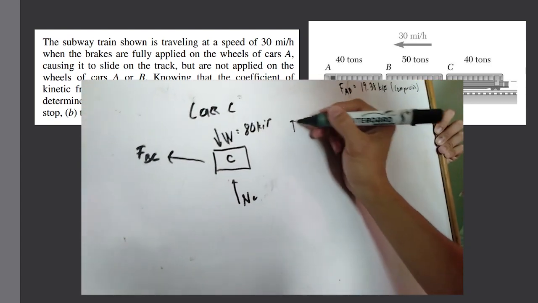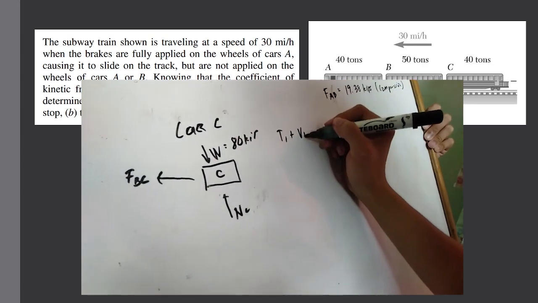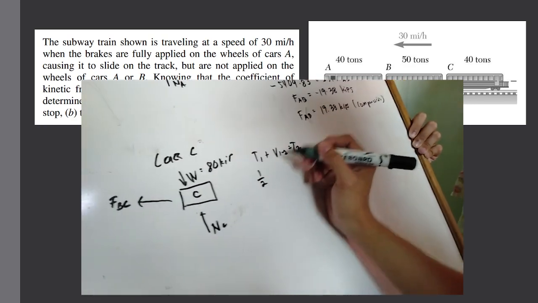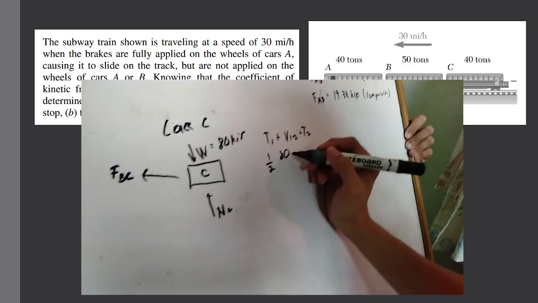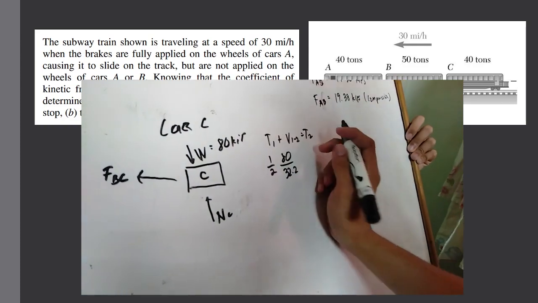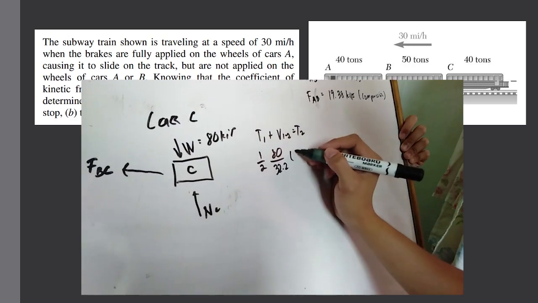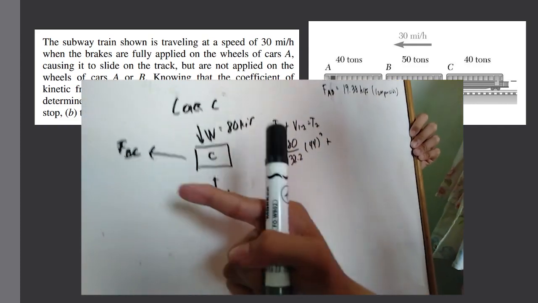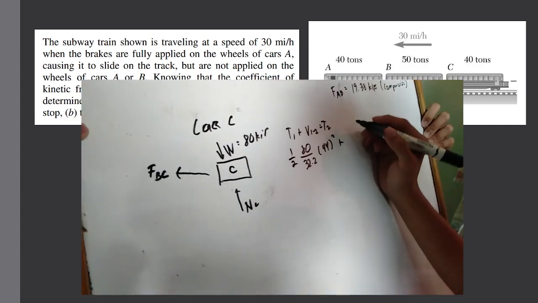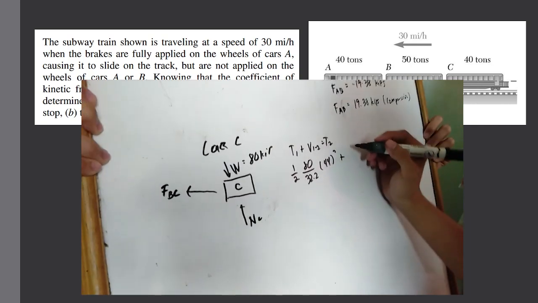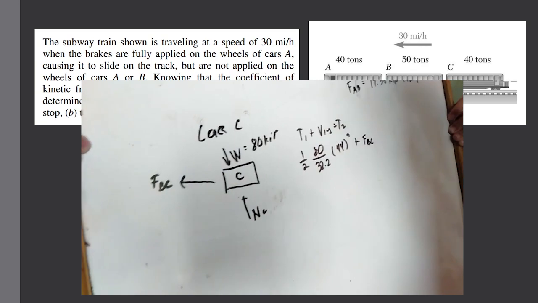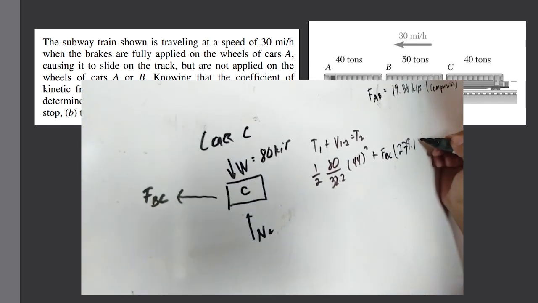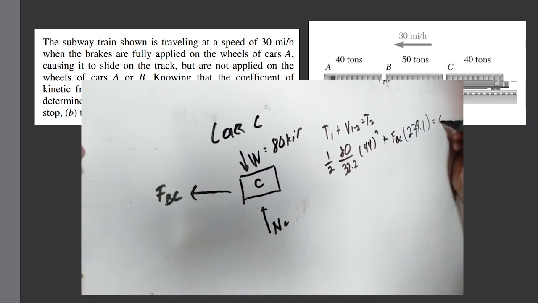So, with that, we have T1 plus V1-2 is equal to T2. So, 1/2 times 80 over 32.2 times 44 squared plus, since the direction of the force is positive, positive also here, FBC multiplied by 279.1 feet is equal to 0.